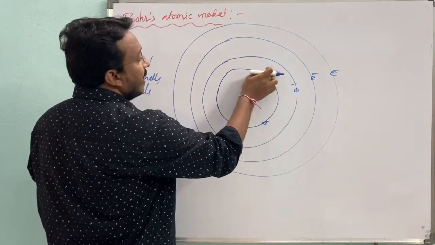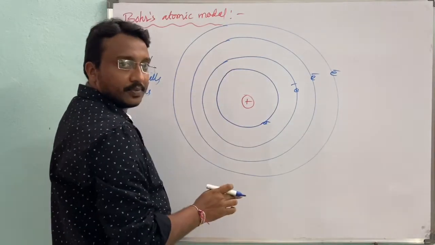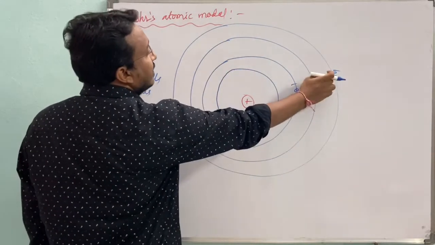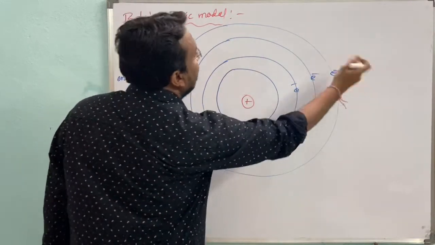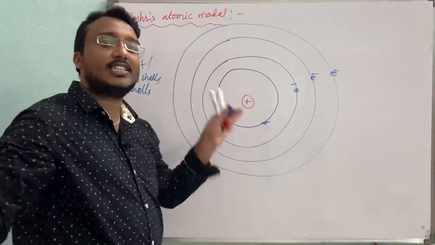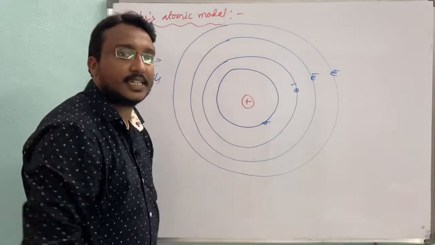Like that there is a second shell, third shell, fourth shell. If an electron is revolving in the fourth shell, then until it changes its shell, its energy is constant. It never loses its energy.